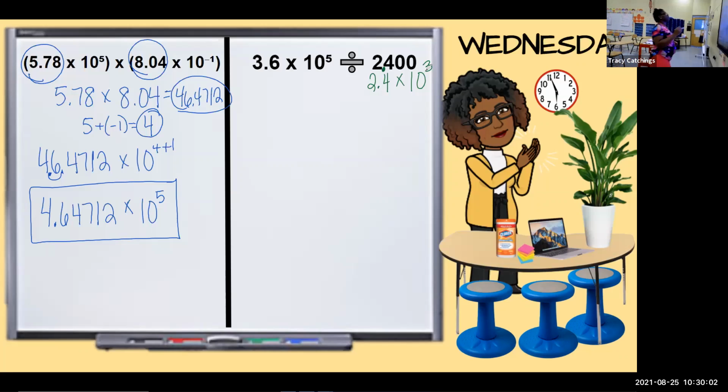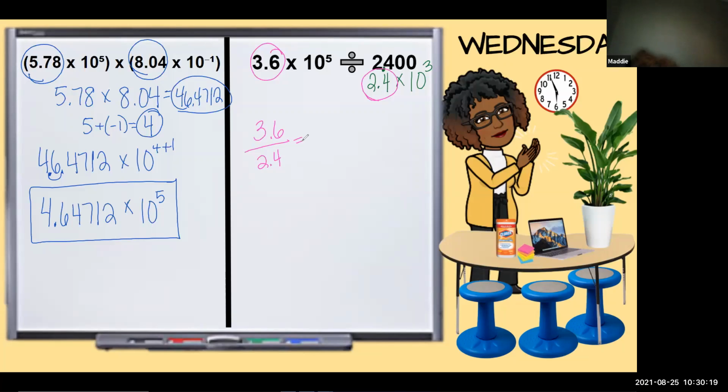So that first step, we're going to divide these decimal values. So that'll be 3.6 divided by 2.4. 1.5. Thank you, Maddie.